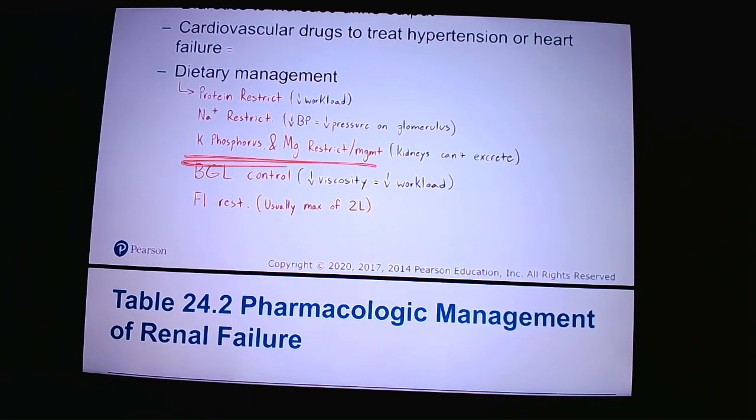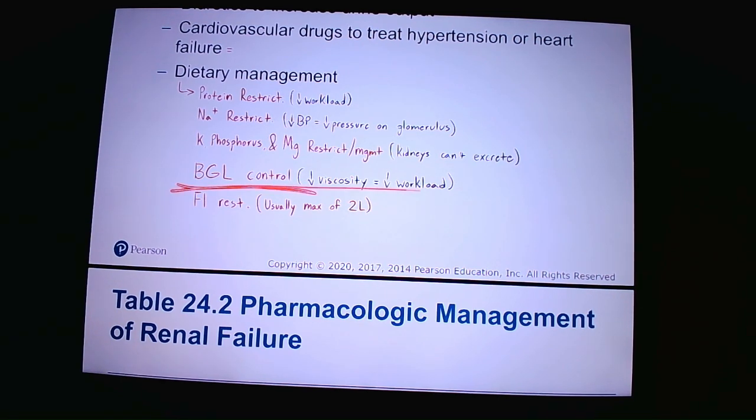So you need to be on restriction or have some kind of management. Management would be binders for these drugs. There's potassium binders, like Kayexalate, the ones that help us poop out potassium. There's phosphorus binders. They also bind to phosphorus in food and help us poop phosphorus out. And I would imagine it's the same thing with magnesium as well.